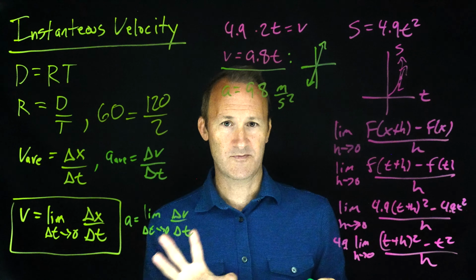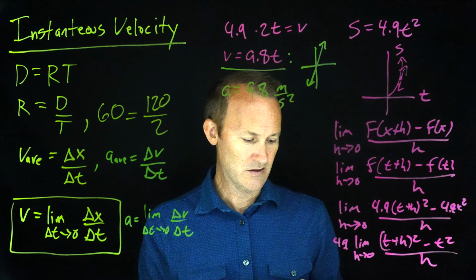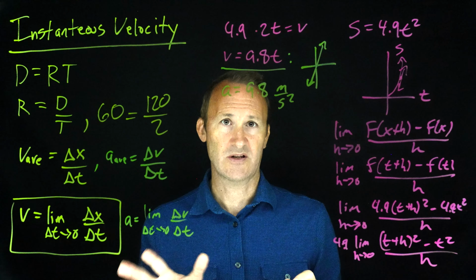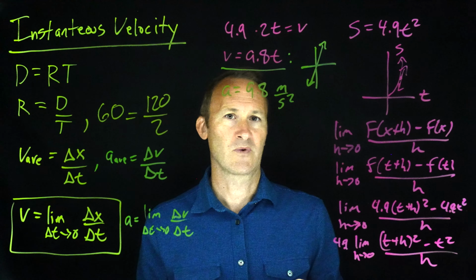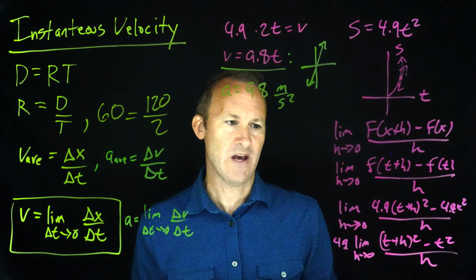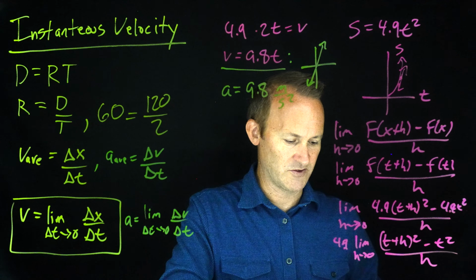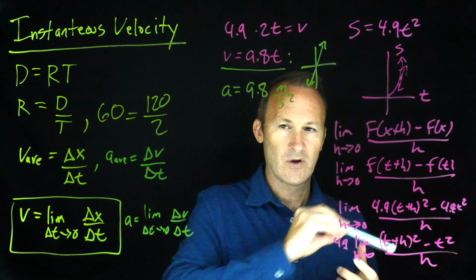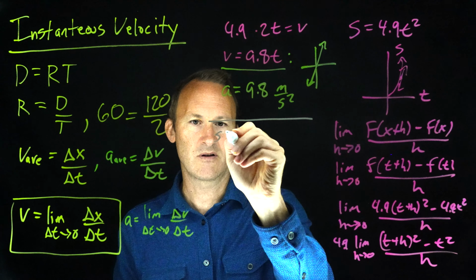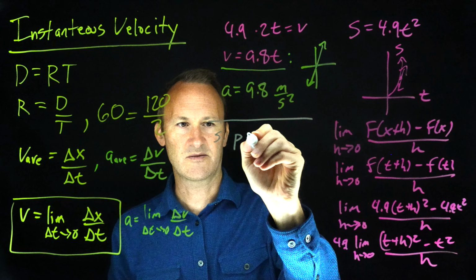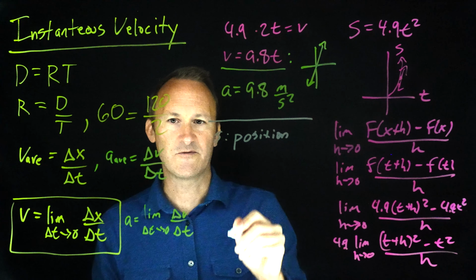So this is super interesting, and it's very profound. Let's just highlight a couple of things here. Let's make a little summary. We've got that S is position. And if S is position, what is V?